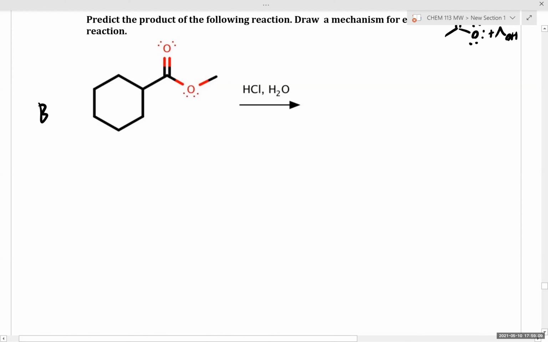So we have hydrochloric acid. So what do we think? Are we under acidic or basic conditions?